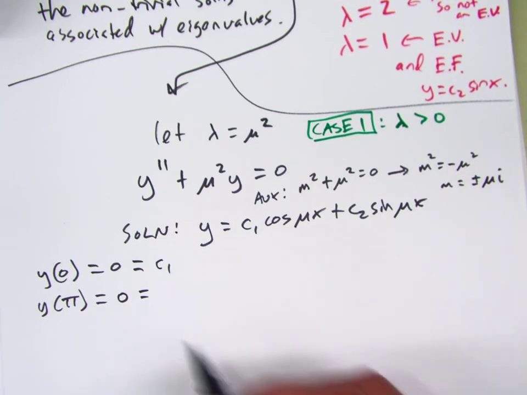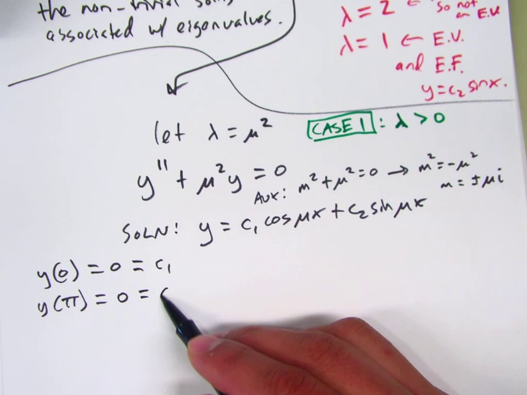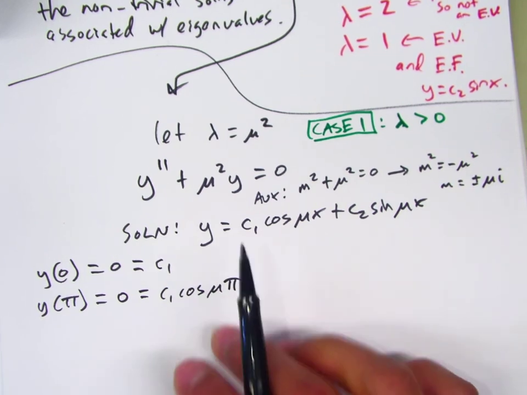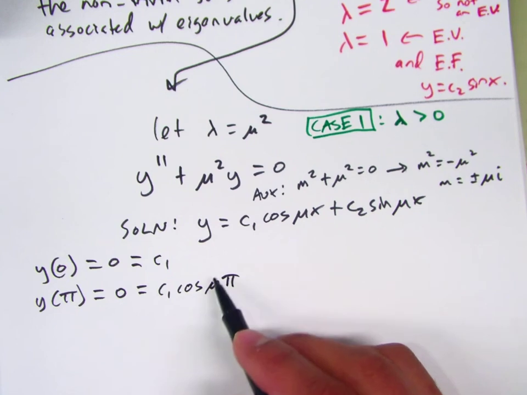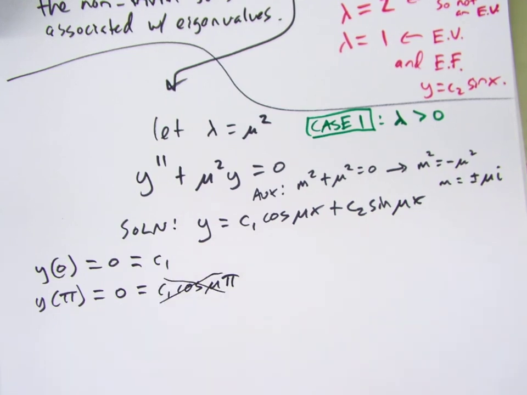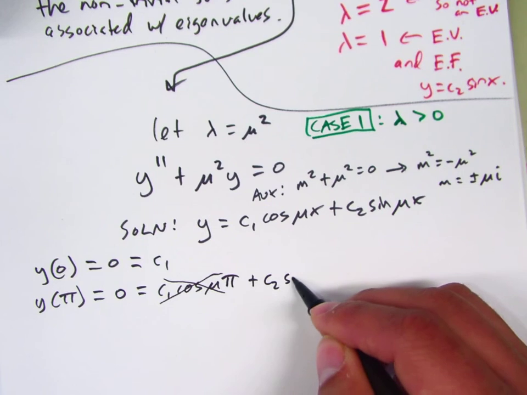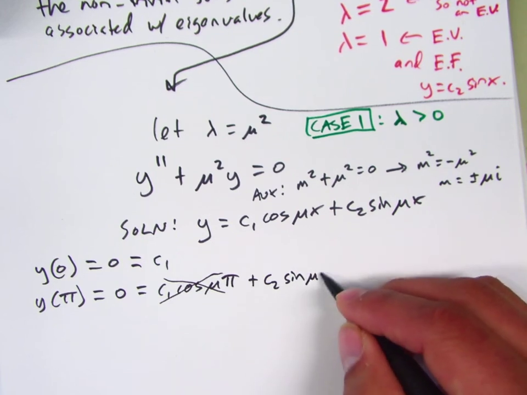Now I'll just write it out. We have C1 cosine of mu pi, but since C1 is 0, this term disappears anyway. And then we have the second term, C2 sine of mu pi.